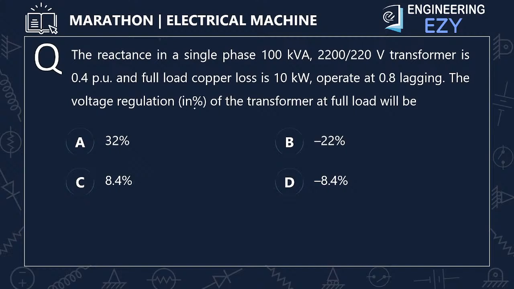You have to calculate the voltage regulation in percentage of the transformer at full load, and the data are given in the per unit form. And 4 options are given. You have to give the correct option.